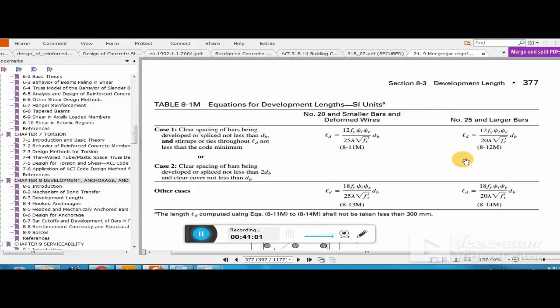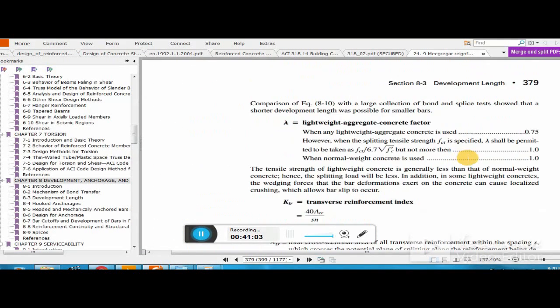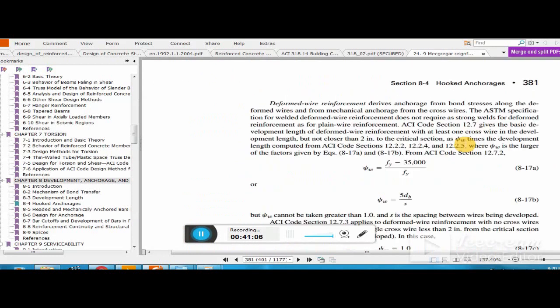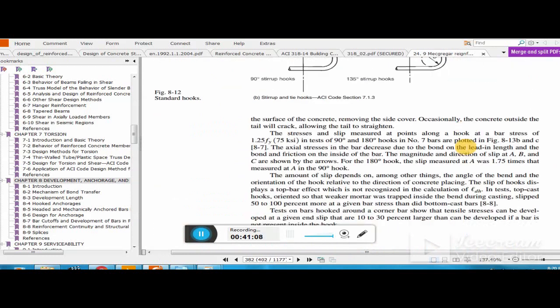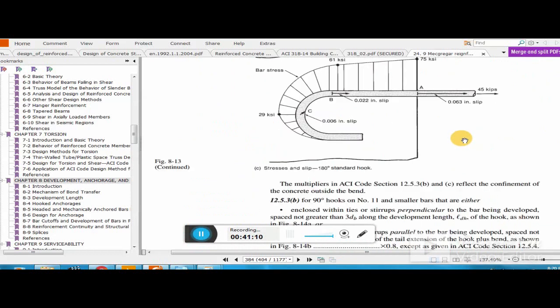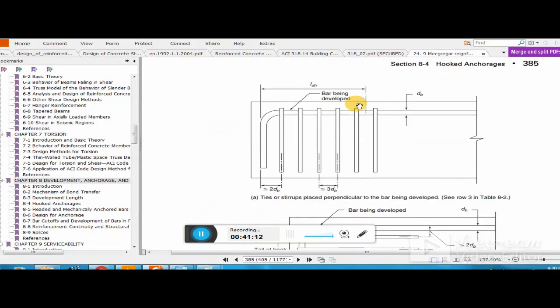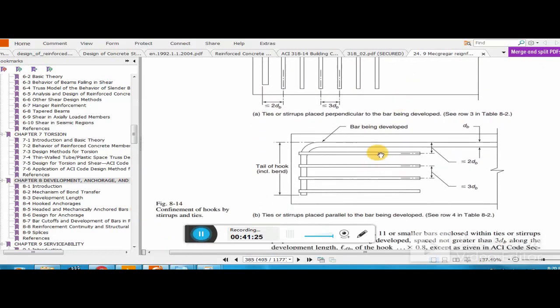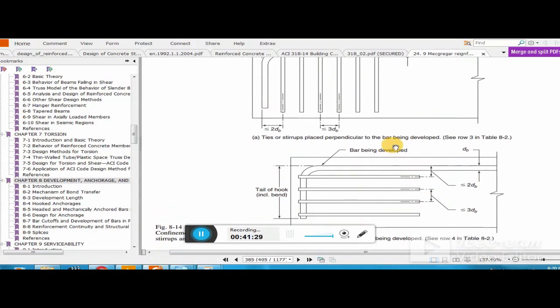You have to follow the code criteria. The code has certain limitations. If you are providing that hook at the free end, you have to maintain the spacing of stirrups, and use closed stirrups either in this fashion or in this fashion. So this is another discussion.